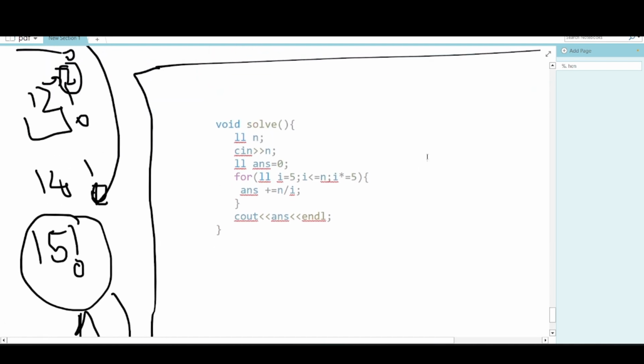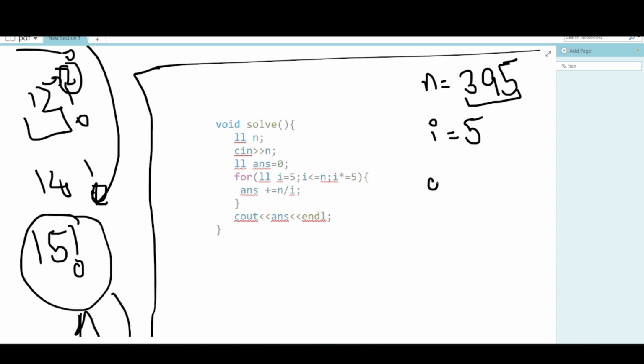Okay, so here I've got the code, and now let's try it for the case n equals 395. We are starting with i equals 5, and to check the number of fives occurring in 395, we will divide it. Currently the answer is 0.